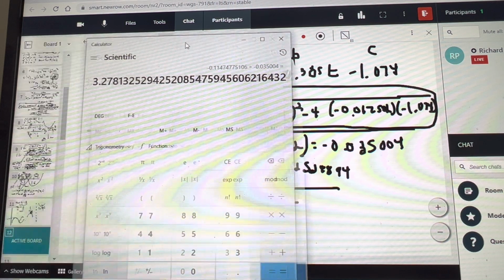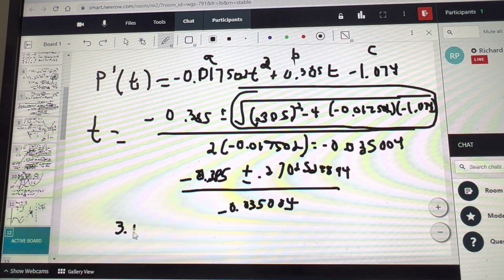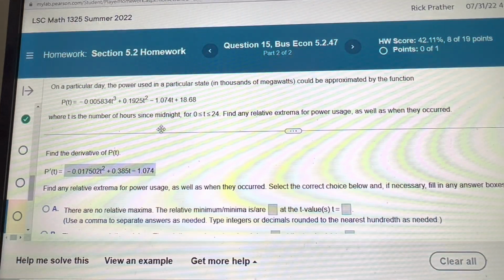So the first possible answer is 3.278. Maybe they'll have me round that to 3.3. And that is between 0 and 24, so that's going to be a possible answer right there.